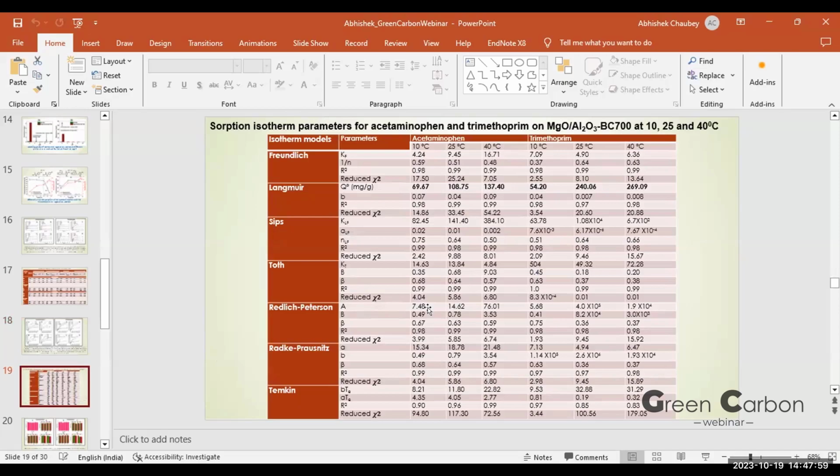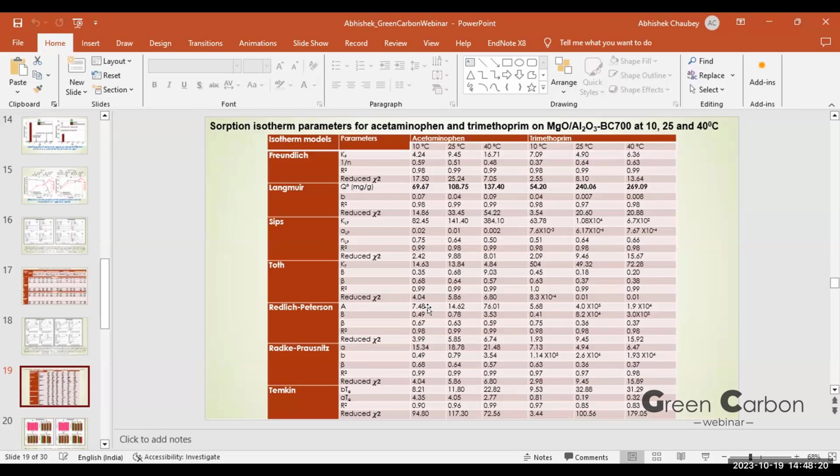This rise in sorption capacity with increasing temperature tells us that the process is endothermic in nature. It was obtained for both acetaminophen and trimethoprim, and the sorption of trimethoprim is higher compared to acetaminophen.